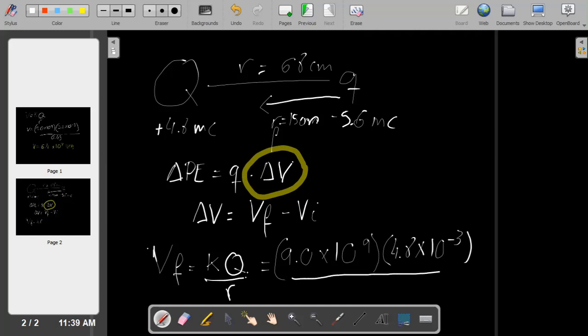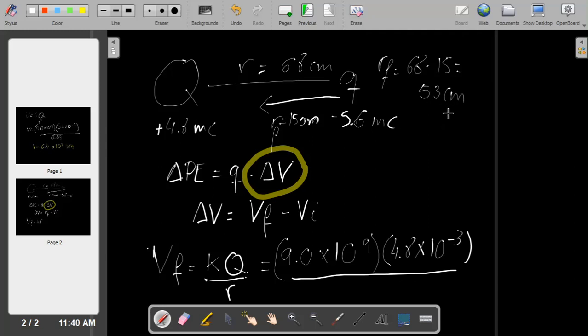And I need to calculate my final position. It started at 68, but it moved 15 centimeters forward. So our final position is 68 minus 15, and that would be 53 centimeters.